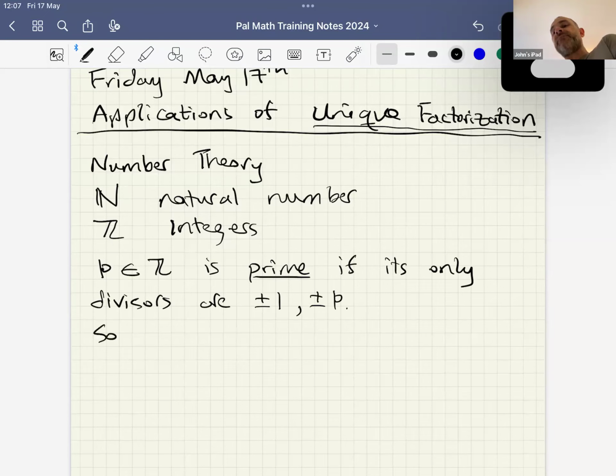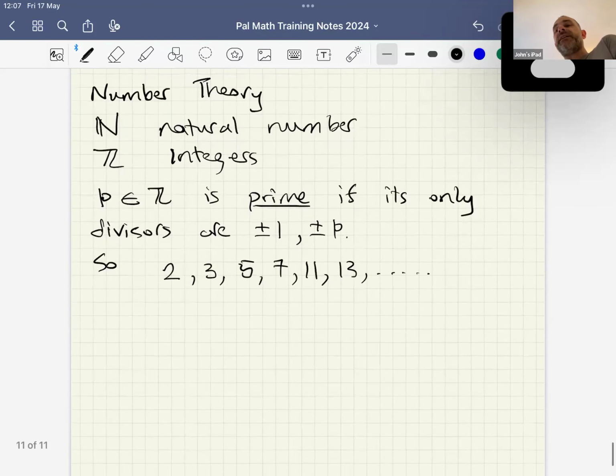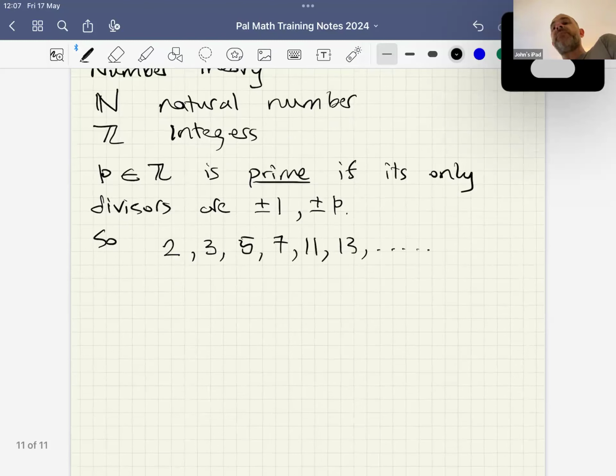So the list of primes, we start with 2, 3, 5, 7, 11, 13, and so on. These are all primes. And 4, for instance, is not prime because you have an extra factor, which is 2.